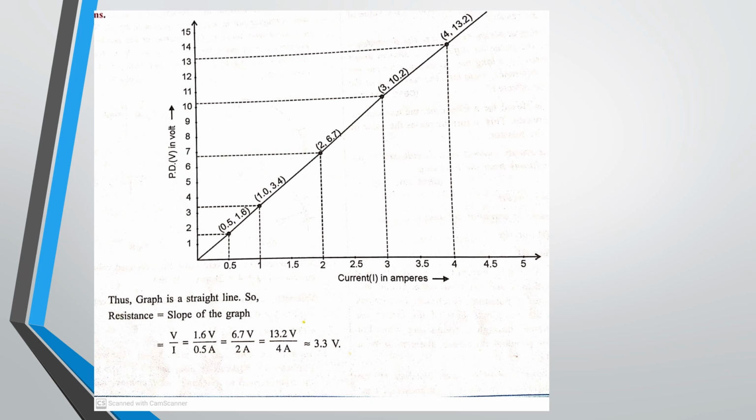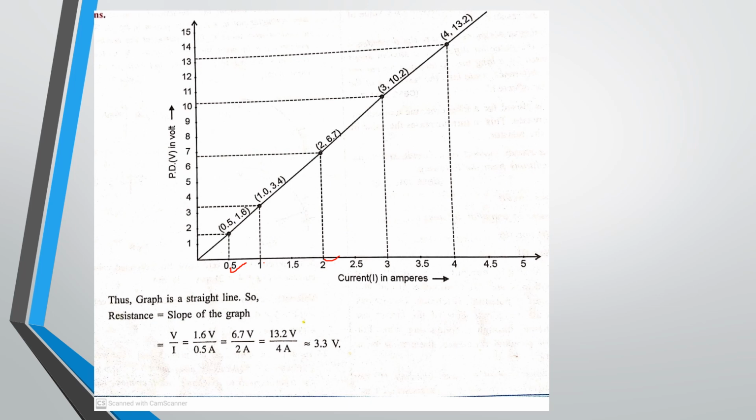We have 0.5 for the first value of current, and the potential difference is 1.6. For the second value we have current 1 and potential difference 3.4, then 2 for current and 6.7 for potential, 3 for the current and 10.2 for the potential difference, and 4 for current and 13.2 for potential.